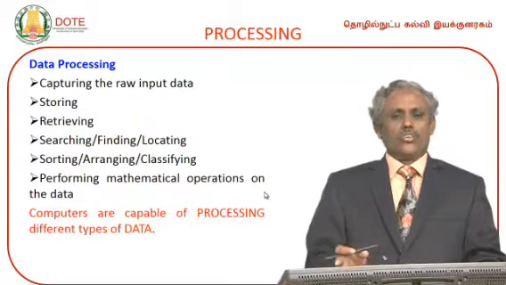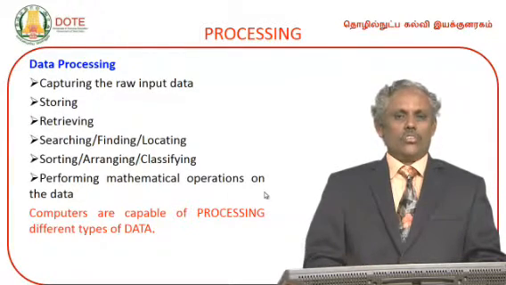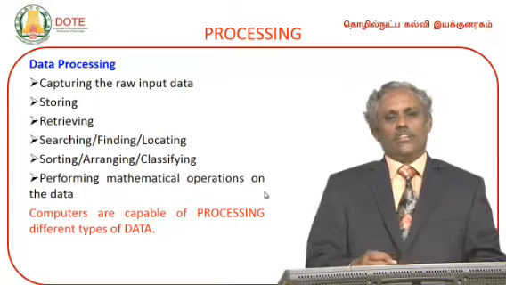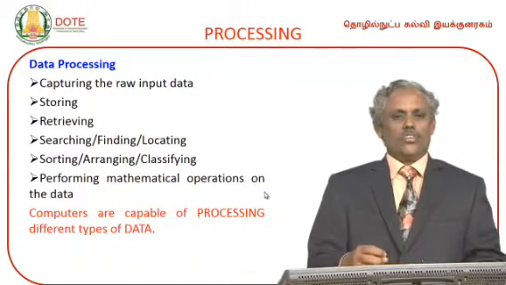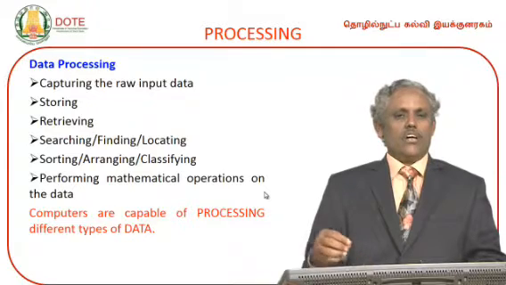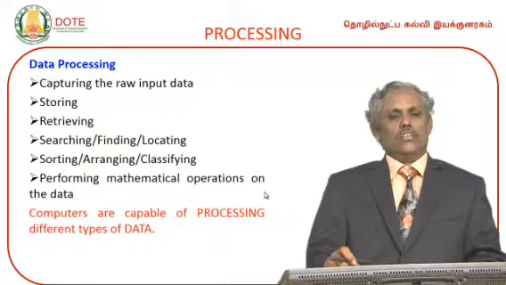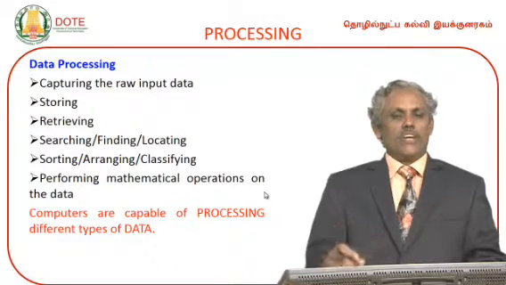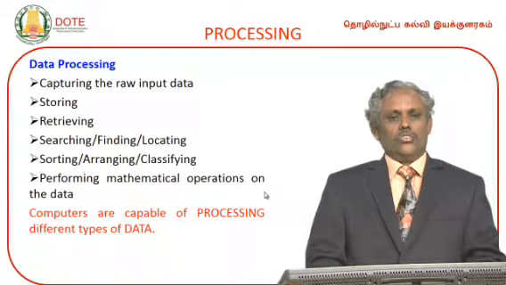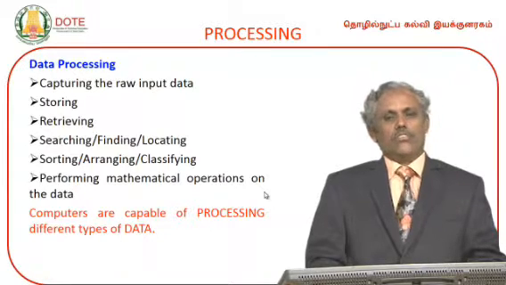These data are stored in the computer. So, it should be able to capture the given values or given data into a memory and store it, and then whenever we need, we can retrieve the data. So, these are also the processes of computer systems.